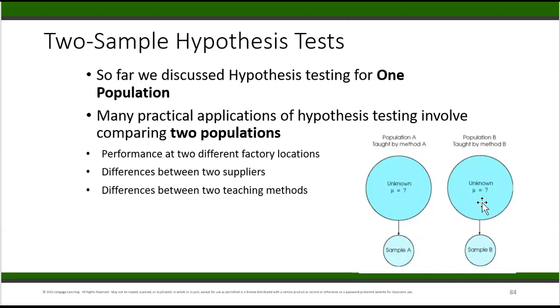And another population deals with supplier two. Then again, you need to take two random samples and then make the comparison. So that is basically how this two-sample hypothesis test works.